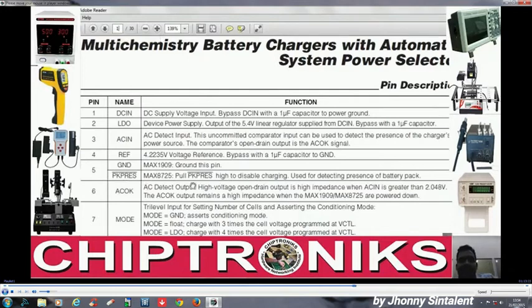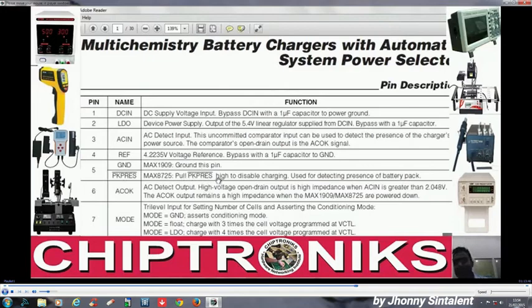PK press is, if we pull PK press high, it will disable charging. You see there is a bar over here. Any bar on any signal will indicate that it becomes active when it has a low value, and it will not be active when a high value is there, right?